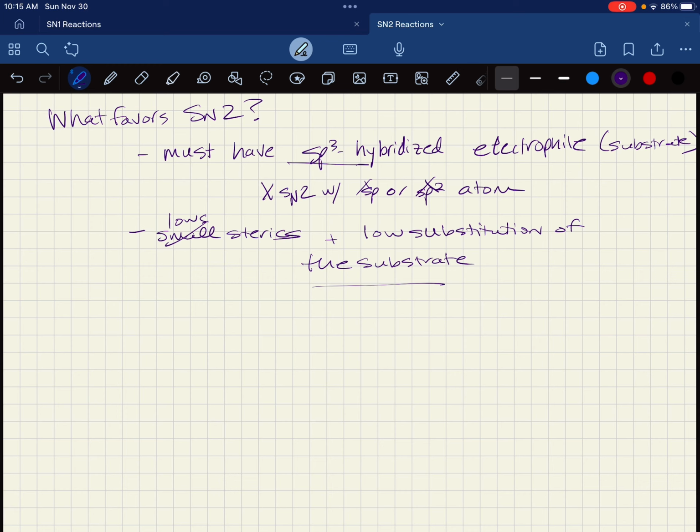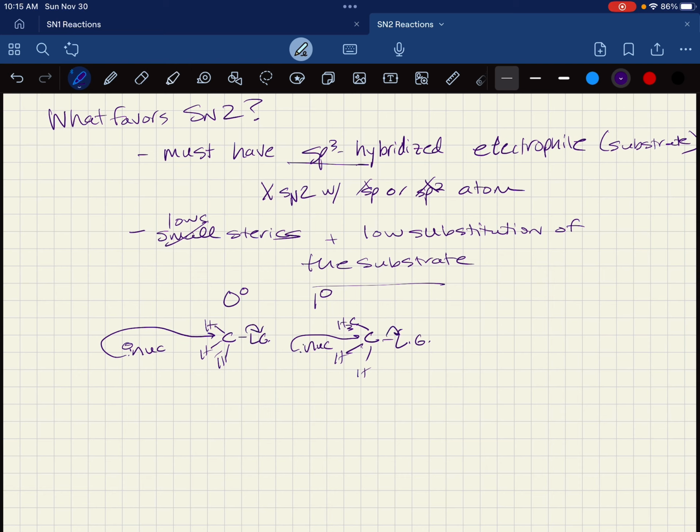So that means if we have a methyl or a primary sp3 hybridized atom, where here we just have the hydrogen, or with a primary, maybe we have a methyl group or an ethyl group or something, and then we have the leaving group. For both of these, the nucleophile getting all the way into that carbon to attack isn't very difficult.